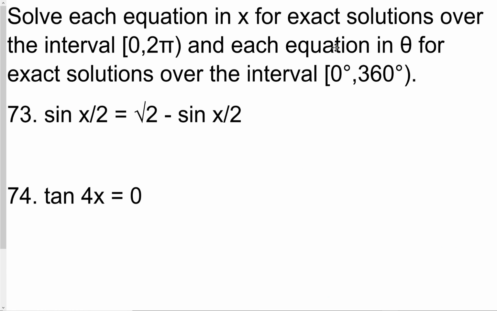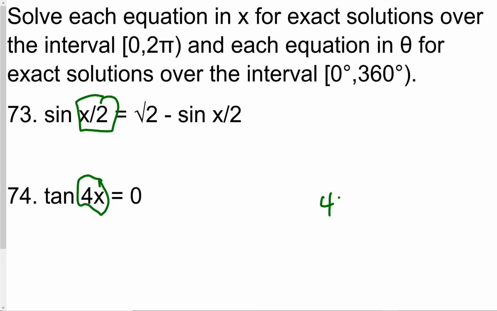873 is similar as well. This is solving for half angles, so I'm going to get the half angle by itself first. This one I'm going to get the 4x by itself, okay? And so this one, since it's 4x, and solving for x, I'm going to multiply these by 4.